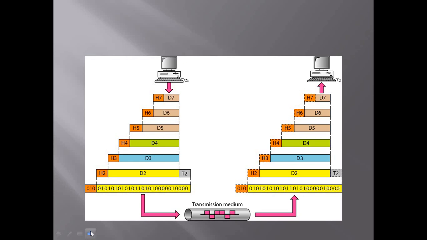Finally, the data is transmitted by device A in the form of bits. It travels through some transmission media and is received by device B's physical layer, and as the data travels upward, each header is detached, and finally what device B receives is the pure data.